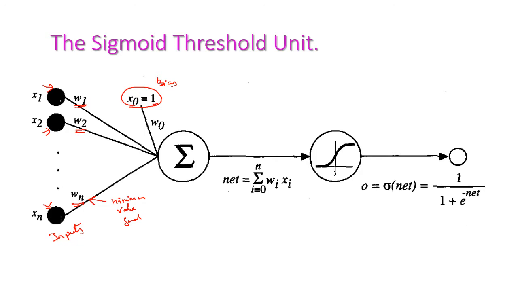All these values will be given to the summer unit. The output of the summer unit is net, which is equal to the summation of i equal to 1 to n, wi into xi. And this net is given to the sigmoid unit, which is otherwise called the threshold unit.